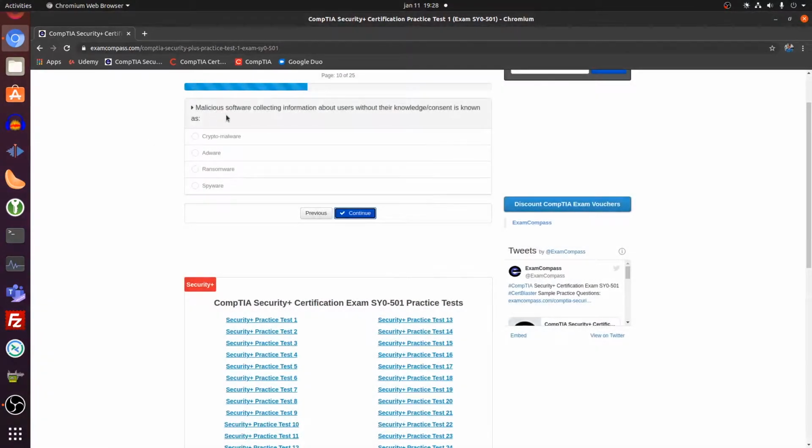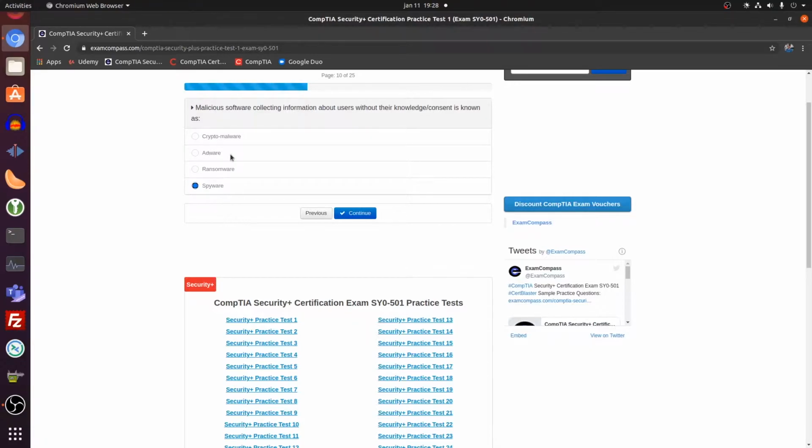Continue. Malicious software collecting information about users without their knowledge. Collecting information. Spyware. Malware is more general. Ransomware is very easy. Ransomware locks down files and holds them for ransom.